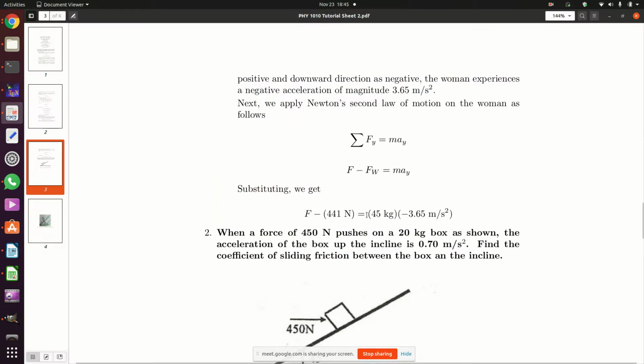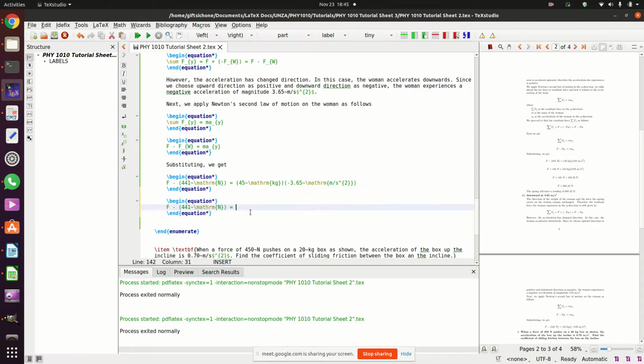How much do you get when you multiply this? Negative 164.25. Negative 164.25. And what are the units?